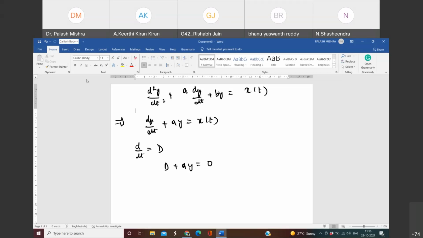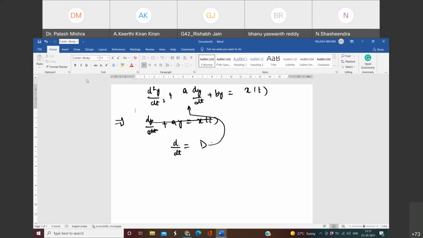Let us assume that d/dt I have just assumed as D. So can you write this equation in terms of D?